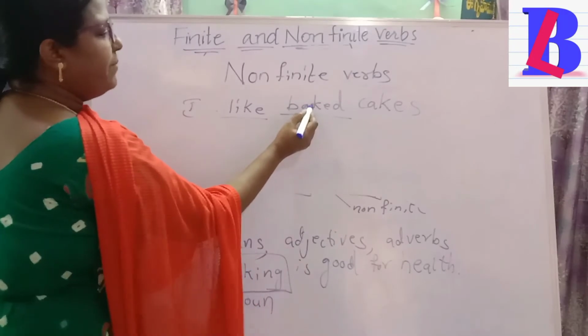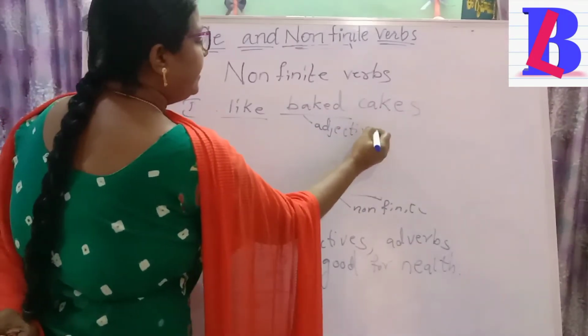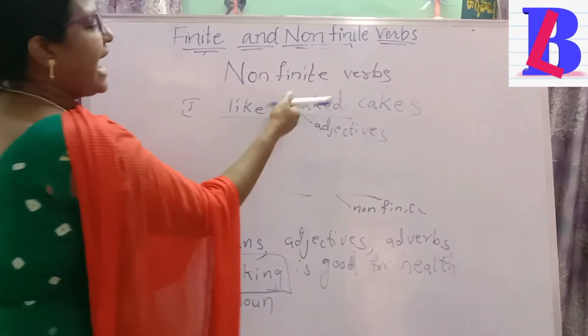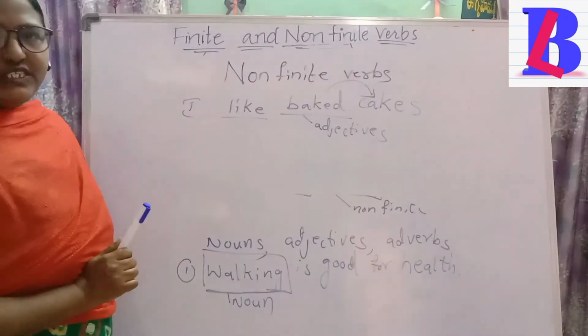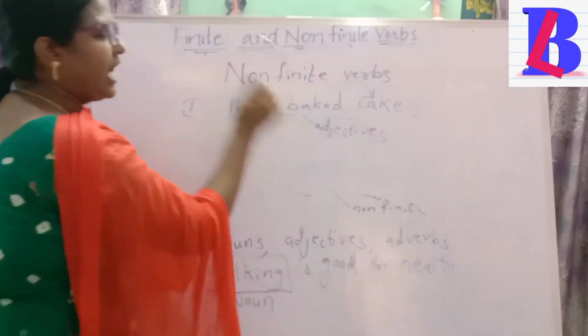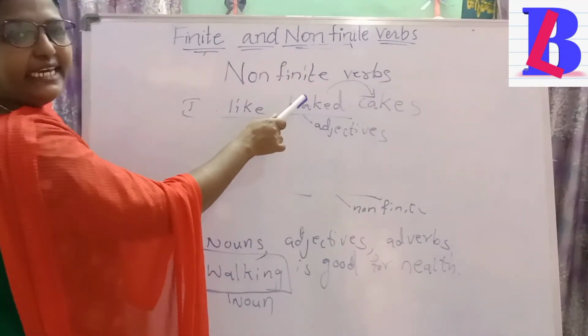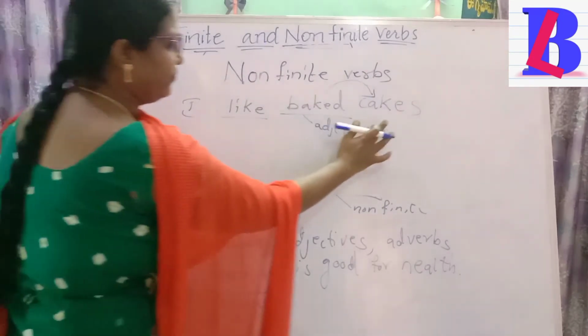Here the verb baked acts as an adjective as it qualifies the noun cakes. Words which qualify nouns come under adjectives. So here baked is a non-finite verb which is acting as an adjective.